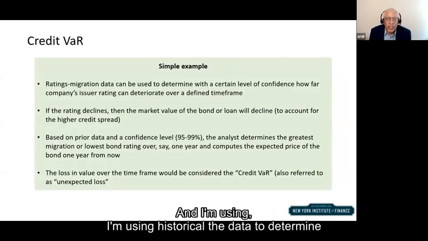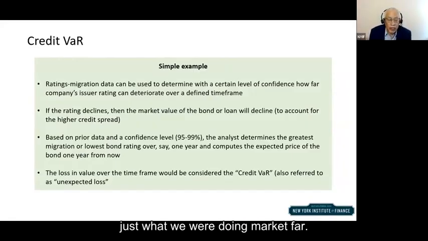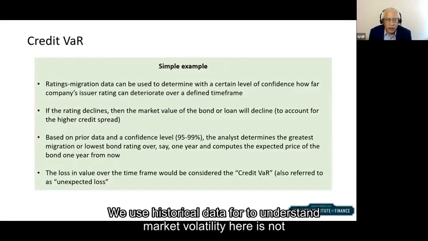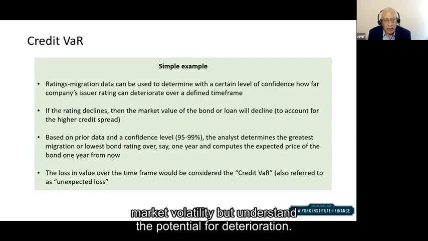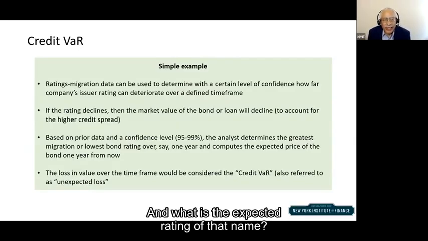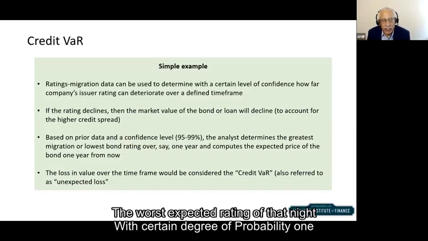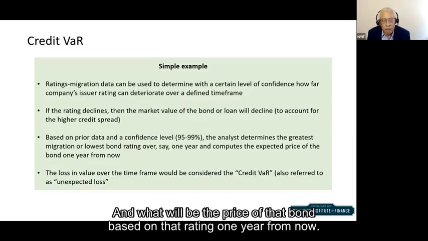And I'm using historical data to determine, just like we would do in market VAR, where we use historical data to understand market volatility. Here it's not market volatility, but understanding the potential for deterioration and what is the worst expected rating of that name with a certain degree of probability 1 year from now, and what will be the price of that bond based on that rating 1 year from now.